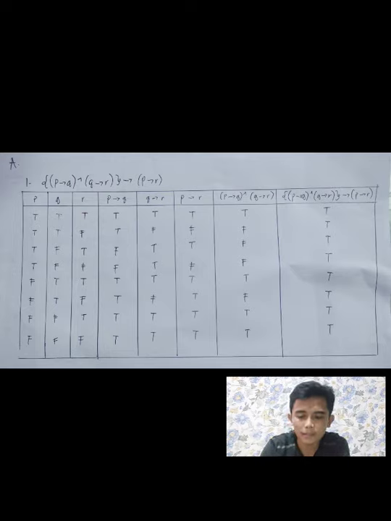For implies, just like before, if the second part, R, is false, it is definitely false. But if R is true, it is always true. So true, true, true. Then if R is false, false. Then if R is true again, true. But if false, false, true.